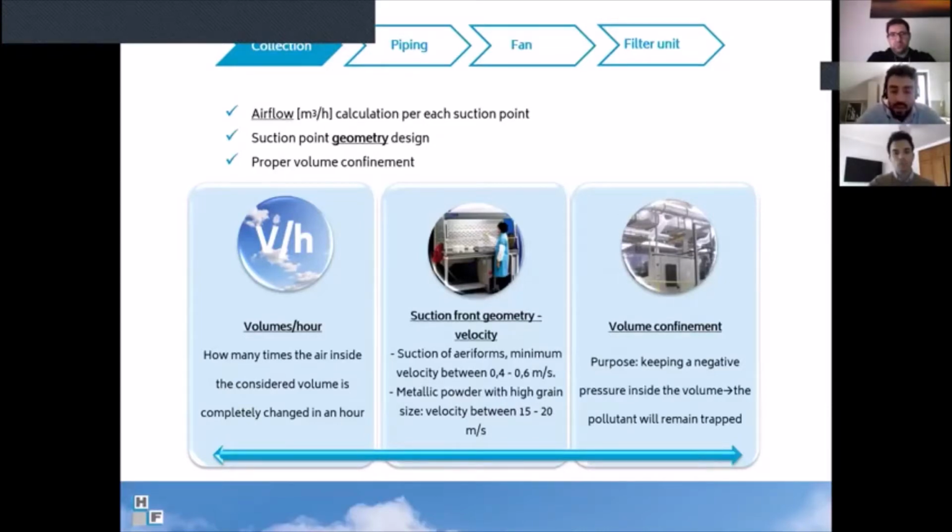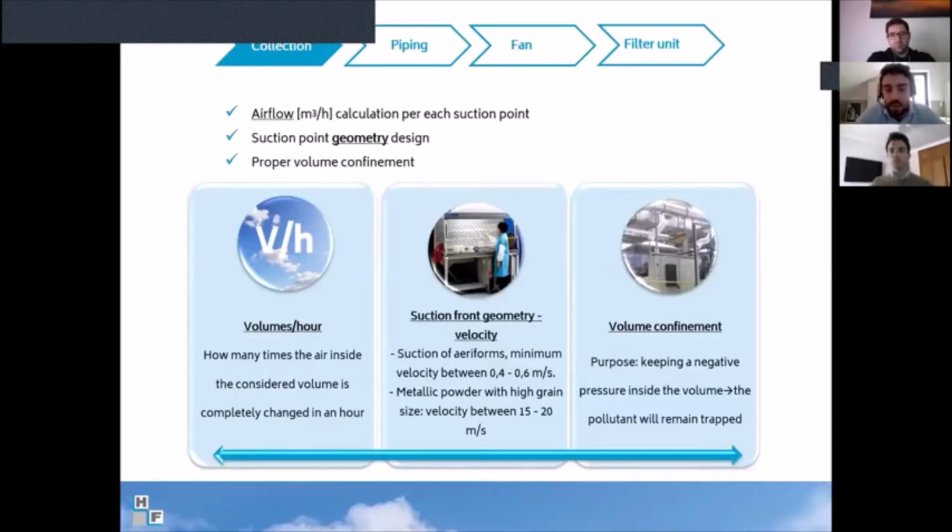In this case, we have to guarantee very high speed close to the site of production of the dust, with velocity between 15 and 20 meters per second. This is due to the weight of the pollutant. If the pollutant, like the powder of steel, has a high weight, we need very high velocity.